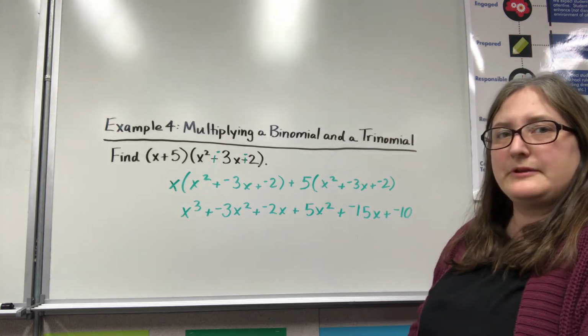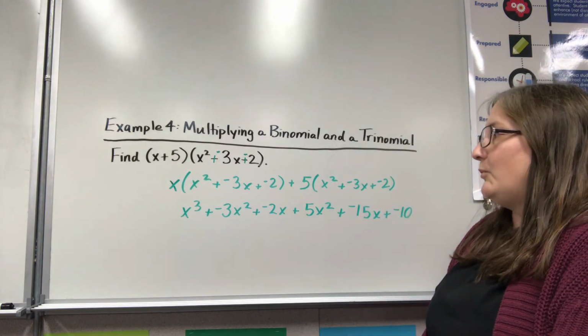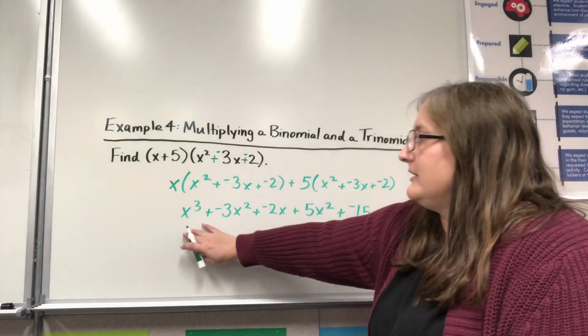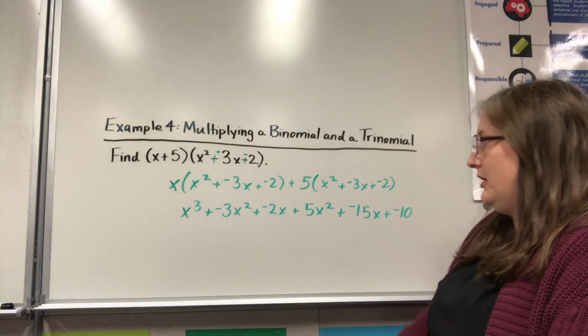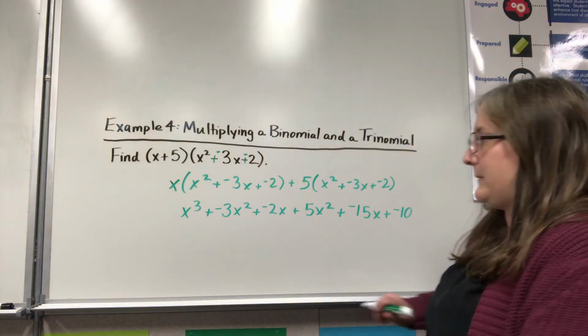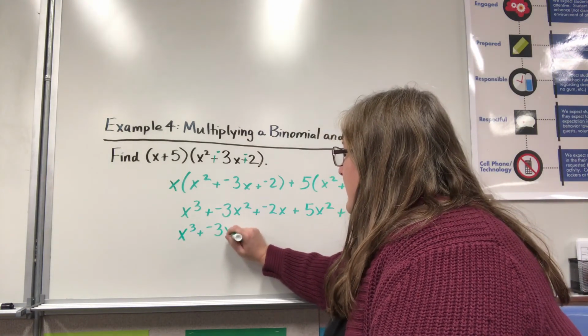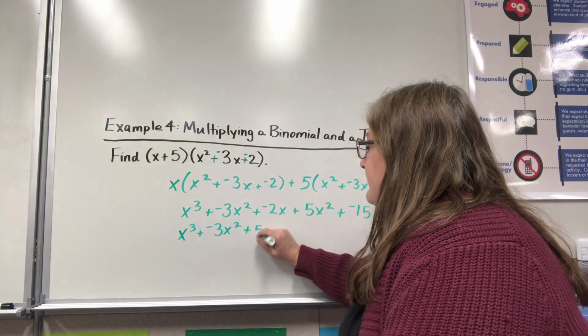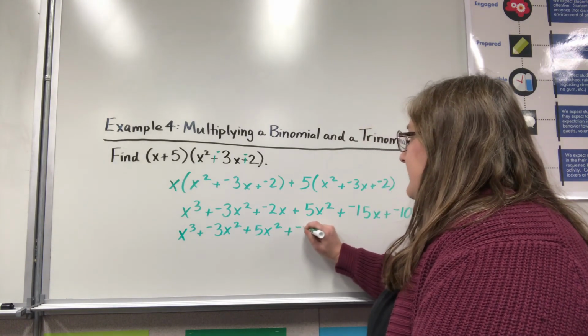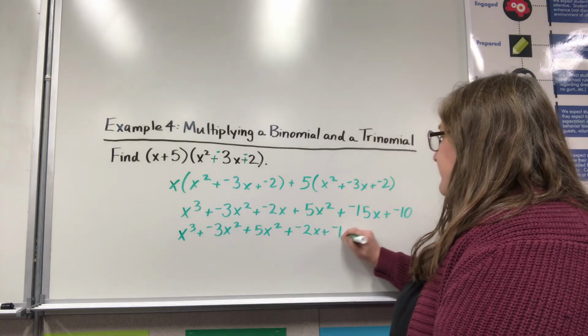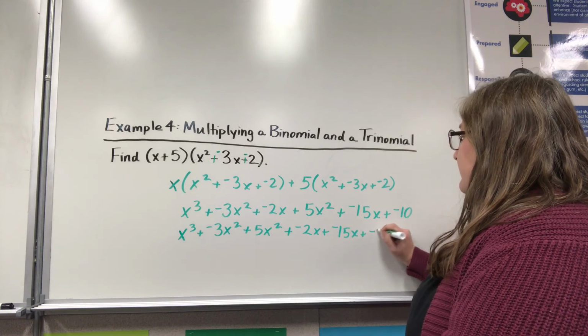When I go to rewrite this problem, I'm going to write it with my highest degree terms here and my lowest all the way on the right. So I'm going to have x to the third plus negative 3x squared plus 5x squared plus negative 2x plus negative 15x plus negative 10.